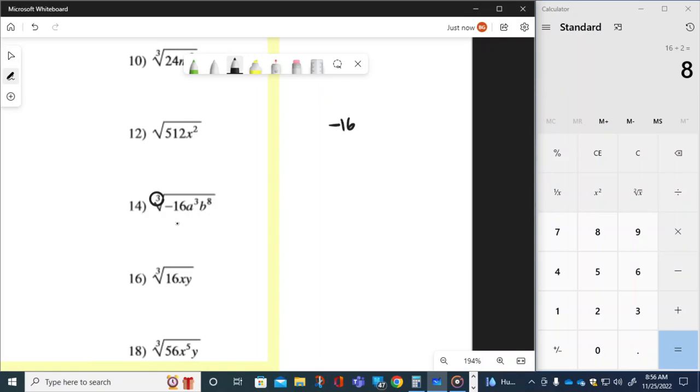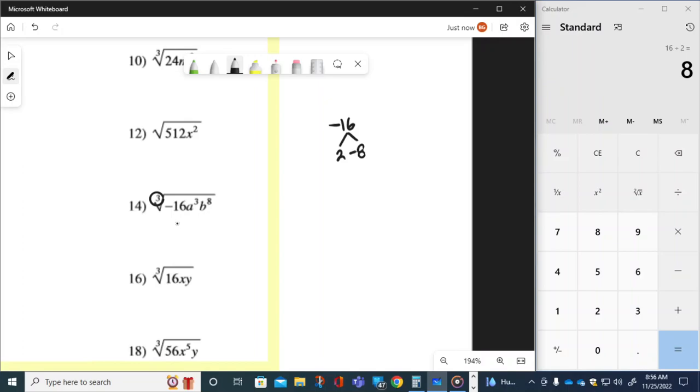So you've got 16, all right? And 16 can be split into 2 times 8, and one of these has to be negative, so let's put the 8 negative. Let me make sure I put it right.